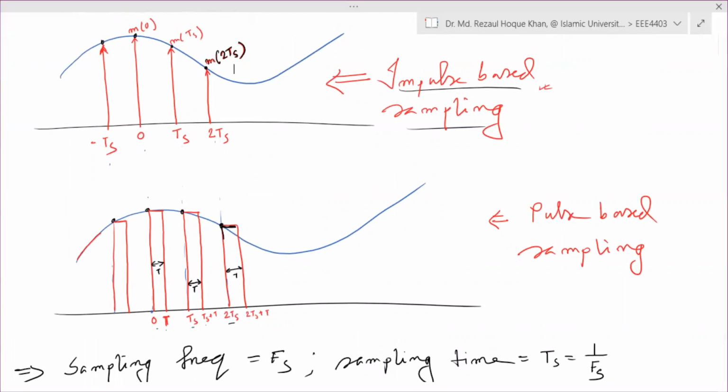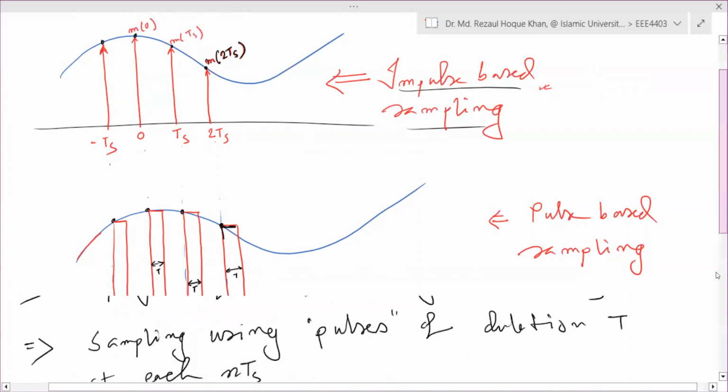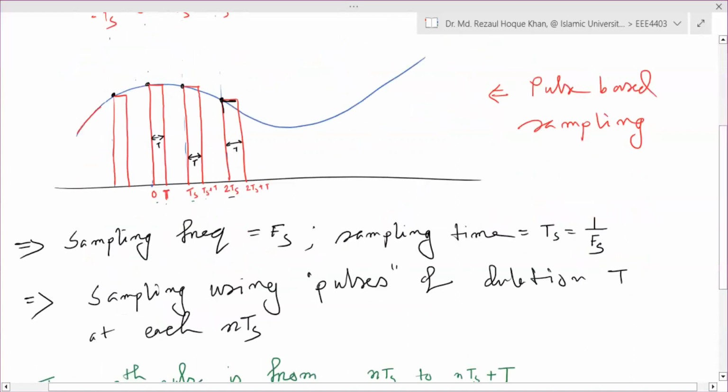So we are sampling the signal at each n TS and holding it for a pulse duration T. Previously it was an impulse, momentary.